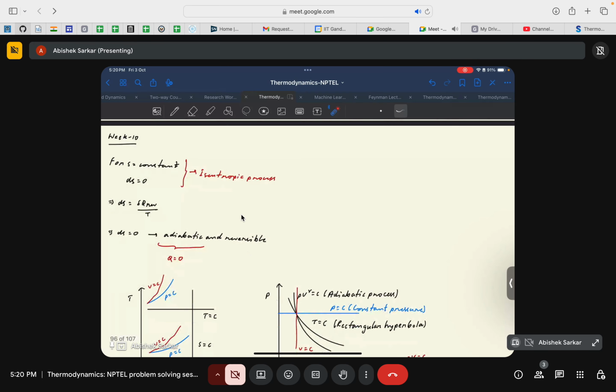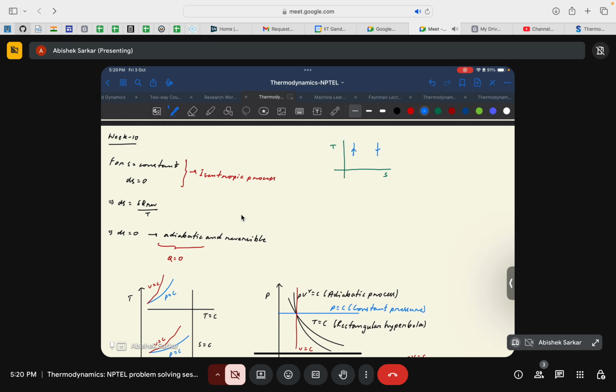We see that for an isentropic process, that is a process where the entropy remains constant, we say that S is equal to constant and the change in entropy is equal to 0. So in a TS plot, let me just draw it. This is the temperature axis and the entropy axis. The isentropic process is represented by a vertical line, either the temperature goes down or the temperature goes up in an isentropic manner.